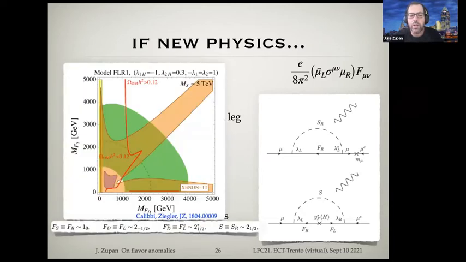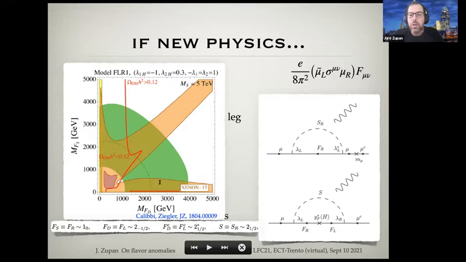What I'm showing here is an example where on top of G-2, you also try to explain the dark matter relic abundance. One of the states running in the loop is charged, and the other one is a dark matter candidate. If this is really dark matter, it should lie on these lines. They depend on the parameters of the model. Essentially, these are the masses of the two states, up to some mixing contributions.